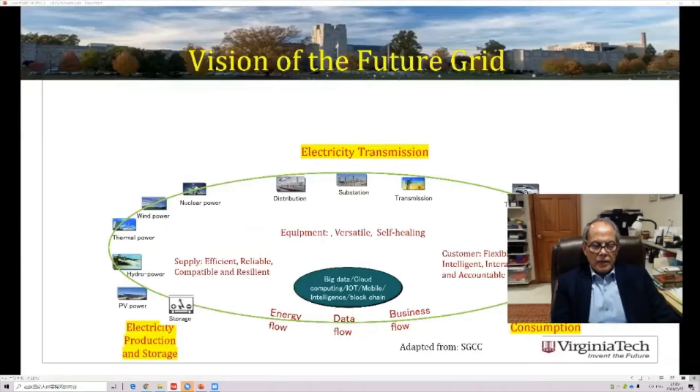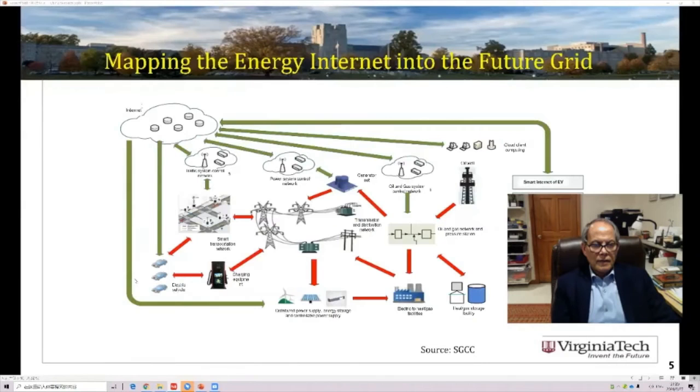Next slide, please. Okay, this is very interesting. If you look at this very carefully, there is a lot of information here. Mapping Energy Internet into the future grid. This is the objective. I'll just give you two examples. One is on the upper left: internet, a lot of storage and data handling capacity.